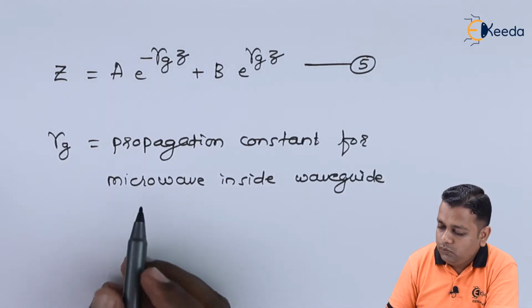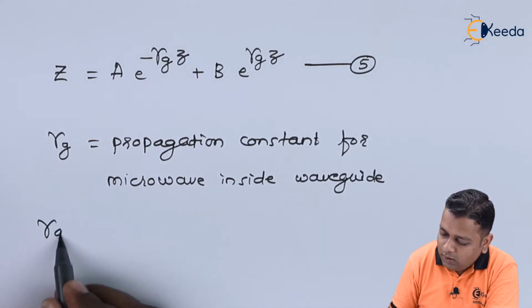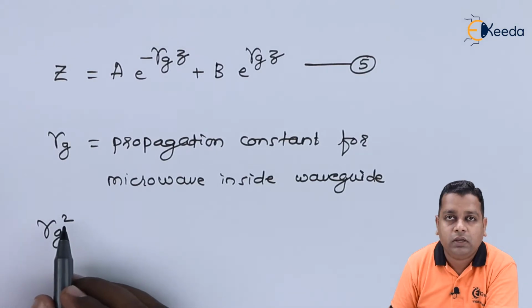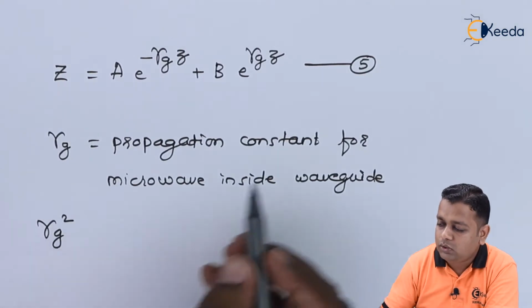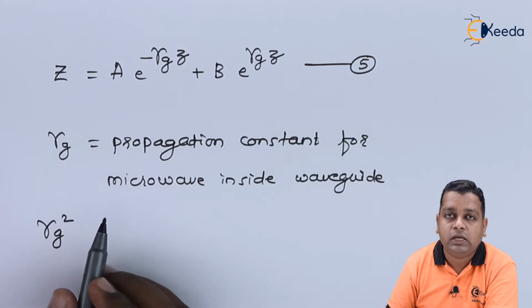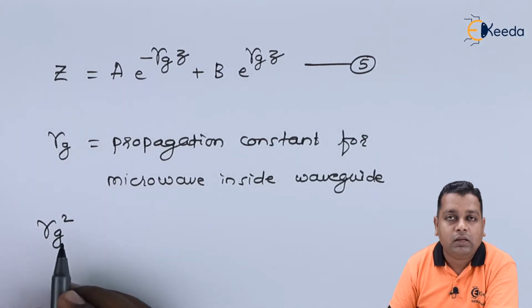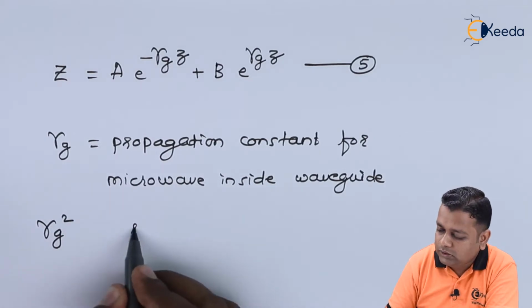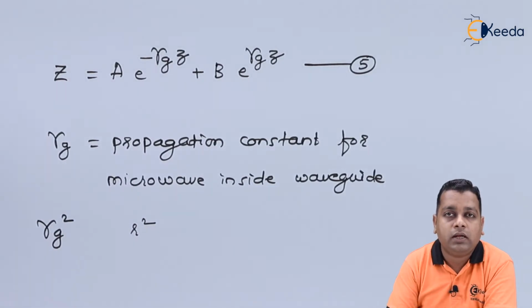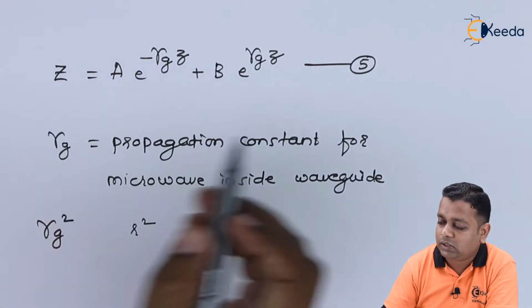Now here if you insert gamma suffix g square for the third term into the previous equation, that is equation number 4 and equation number 3, and multiply by small r square, we can have the new equation, the next equation number 6.